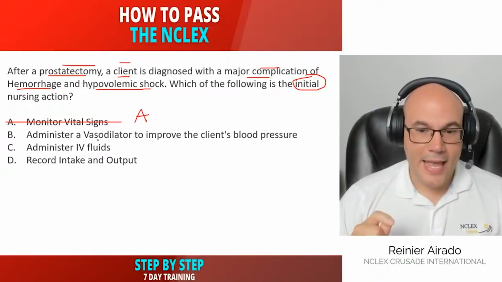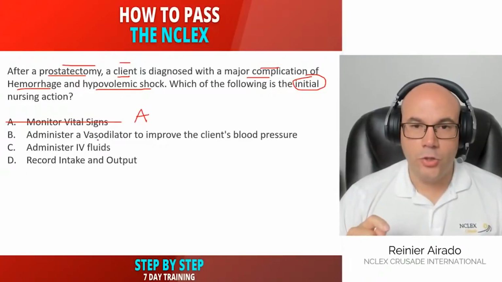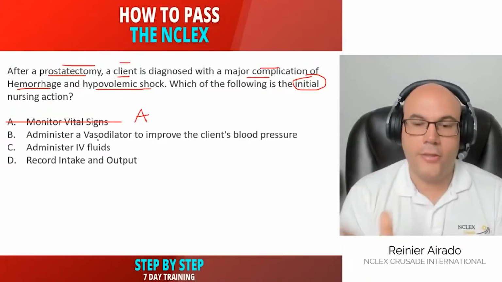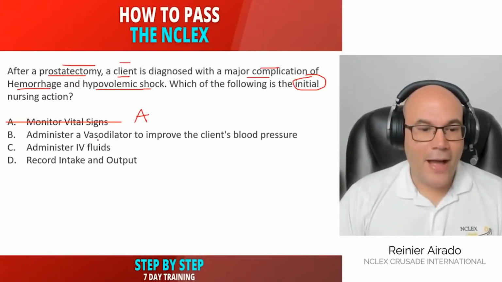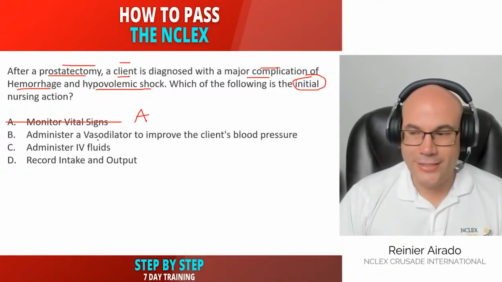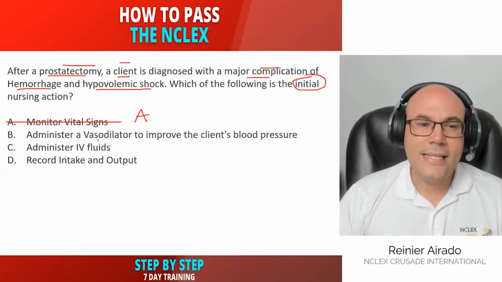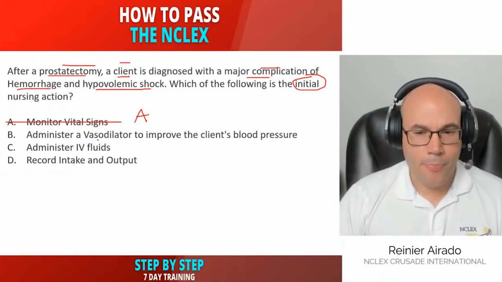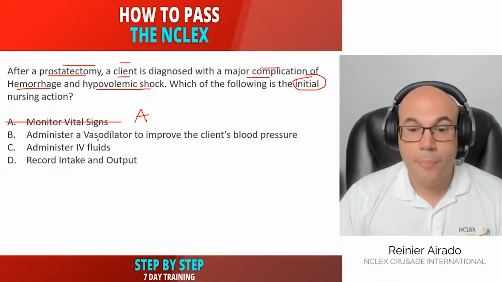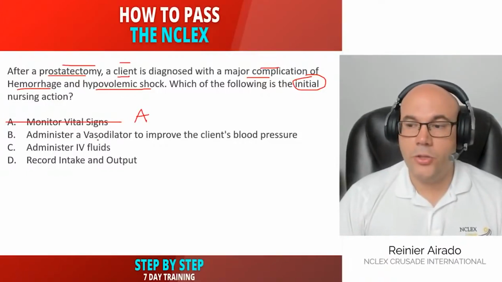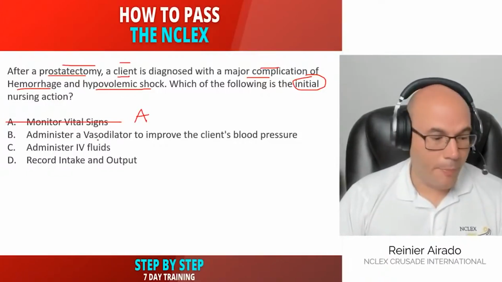Each one of these answers is going to have a different effect on the circulatory system. For example, if I administer a vasodilator, what is that going to do to the blood pressure? Is it going to increase the blood pressure, or is it going to decrease the blood pressure?